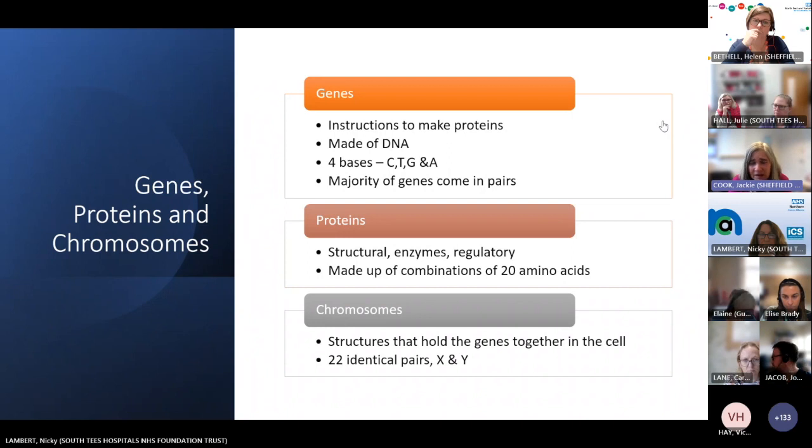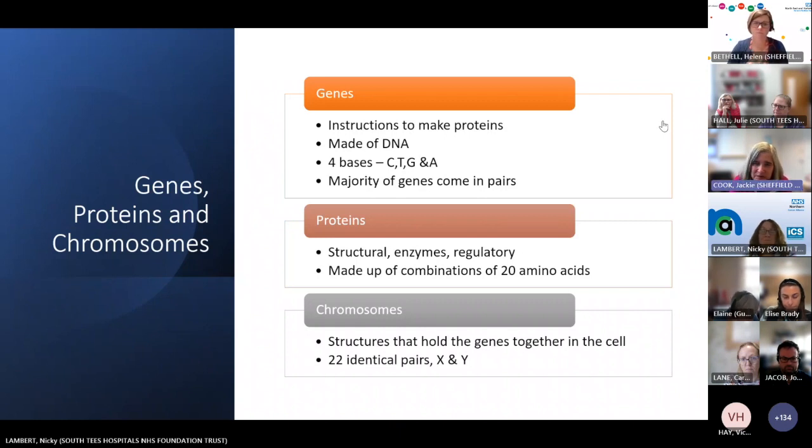DNA itself consists of 4 bases, which we call CTDNA, and combinations of those bases make the genetic code, which in turn will then result in the formation of proteins. And because we get from most genes the same genes from our mother as well as our father, the majority of genes come in pairs. We have 2 of them.